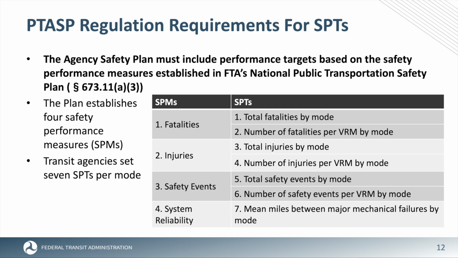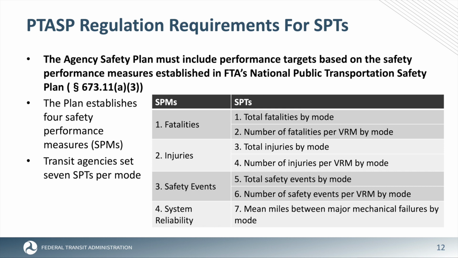Now, this National Public Transportation Safety Plan establishes 4 safety performance measures, or SPMs. These include fatalities, injuries, safety events, and system reliability. Now, the plan goes on to define 7 safety performance targets associated with these original 4 safety performance measures.